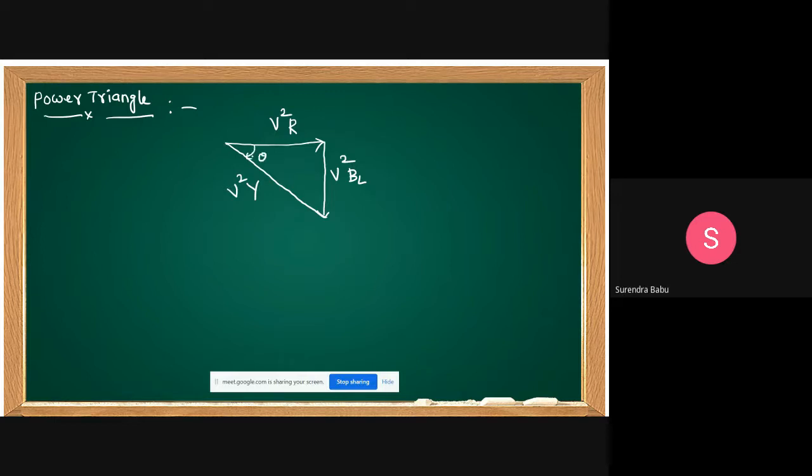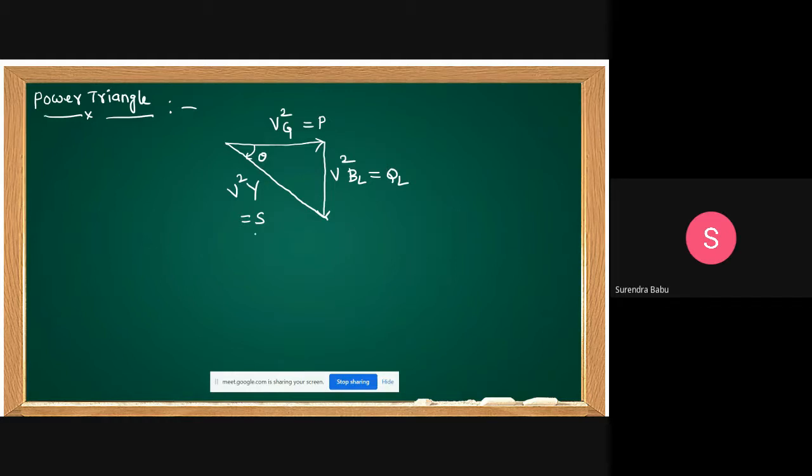If you measure from reference, then theta is going clockwise. That's the reason why it is V square into BL. V square into BL is which one? QL. V square into G is which one? P. It's not R, it is G, because it is the admittance triangle. V square into Y is which one, students? Yes, apparent power. V square into G is P.